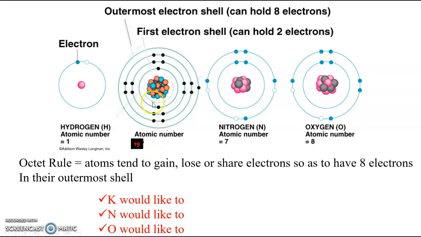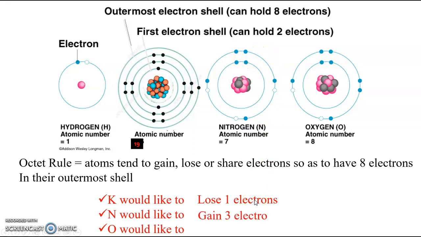If we look at potassium here, it has only 1 electron in its outermost shell. So potassium would like to lose this 1 electron. If potassium has lost this 1 electron, the outermost shell will be the inner one here, and it will have 8 electrons, like noble gases. Looking at nitrogen, nitrogen has 5 electrons in its outermost shell.